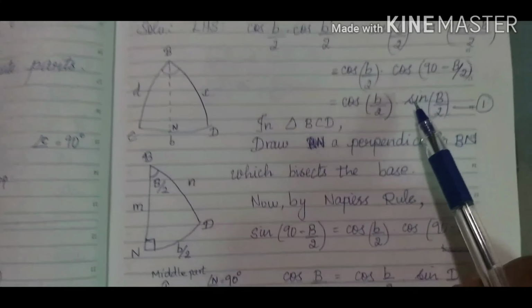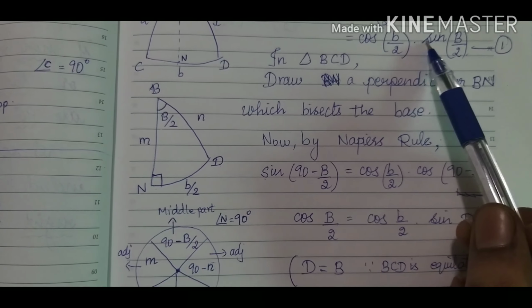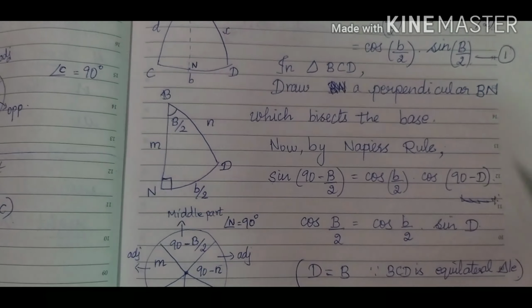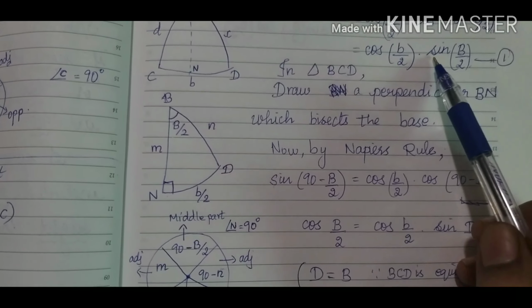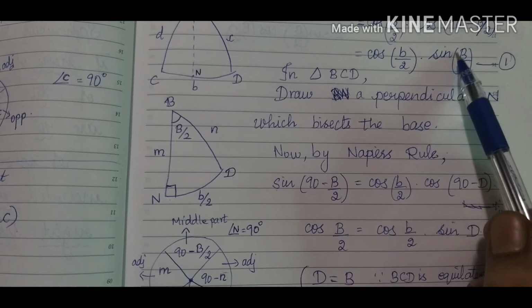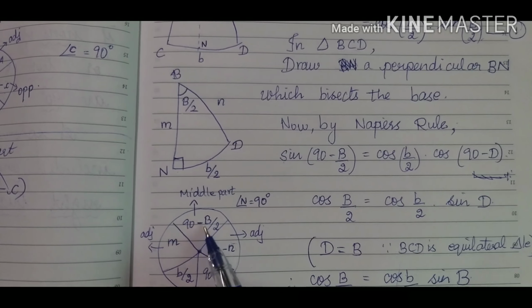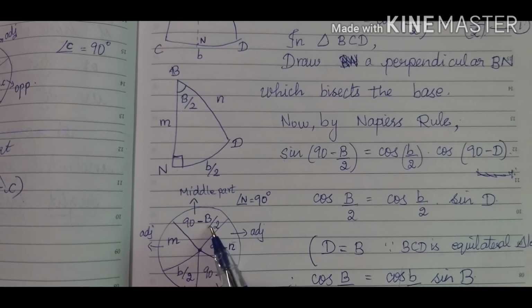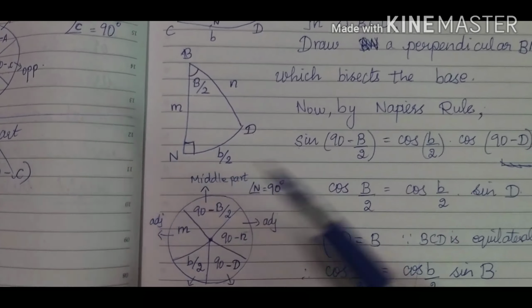Since we have sine capital B by 2, we are going to apply Napier's rule. Napier's rule usually begins with sine of a particular part. So to find sine of B by 2, I am looking for the component which contains capital B by 2. This is the component which has capital B by 2, so I am taking this to be my middle part. You should be careful while choosing a middle part.